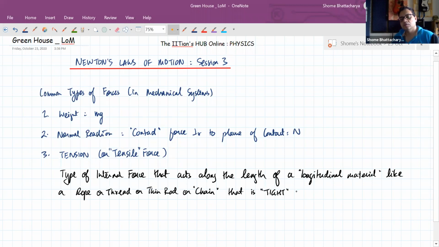In the language of mechanics, this tightness is called taut, T-A-U-T, taut, under the action of external forces. So this type of force is called tension.